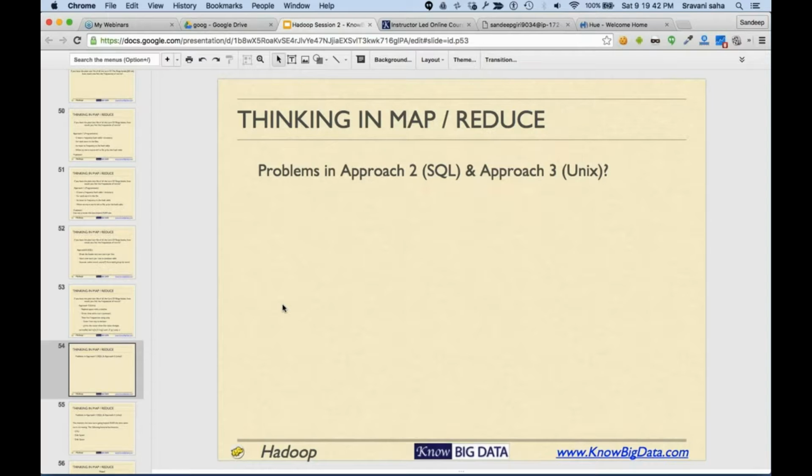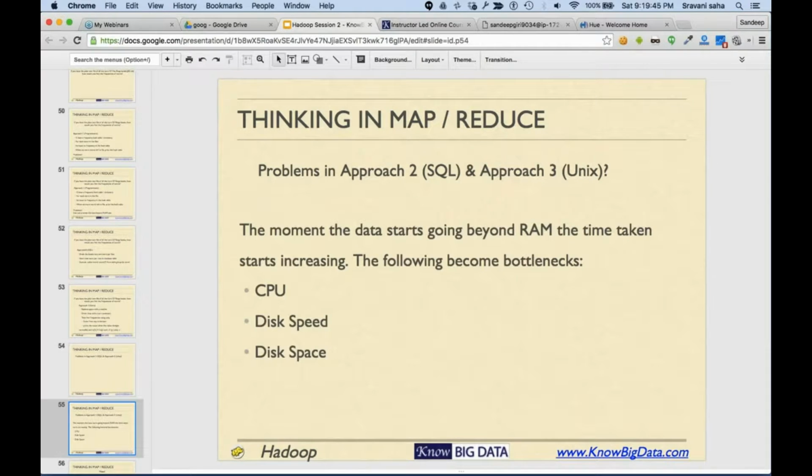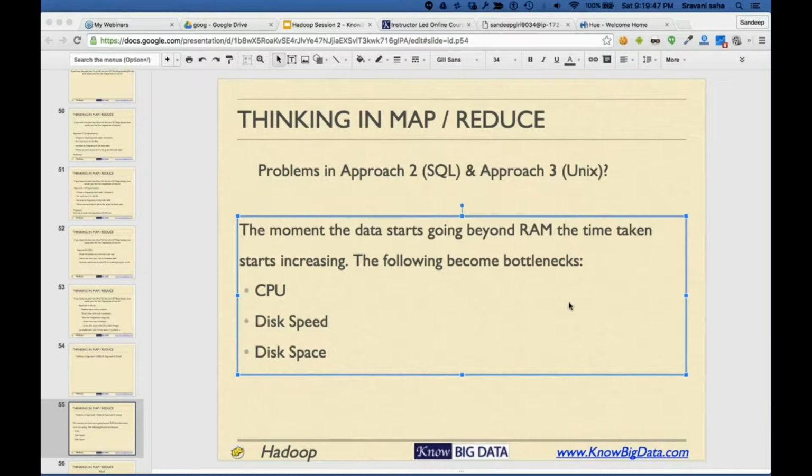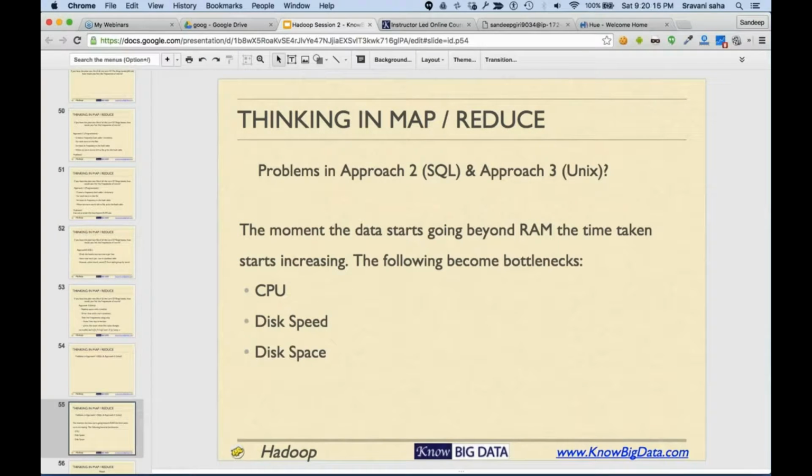Now, in these two approaches there are many things that become a bottleneck. In approach number 2 and 3, the SQL and the Unix, although we no longer have RAM as the bottleneck, as the data keeps growing, the disk speed becomes the first bottleneck, and the second is CPU. First question is, can you read the data from the disk fast enough to be processed at the same time?